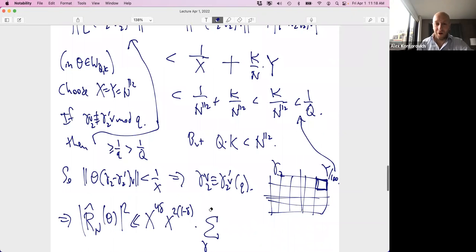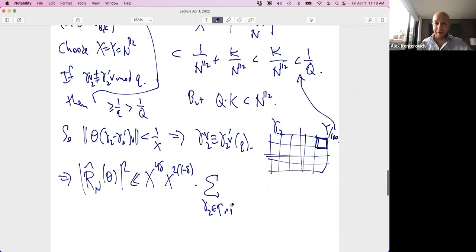So I sum over all gamma 2s in gamma in a ball of size y. And then I sum over all gamma 2 primes also in gamma in a ball of size y with the indicator function that gamma 2 v prime is congruent to this fixed number gamma 2 v mod q.